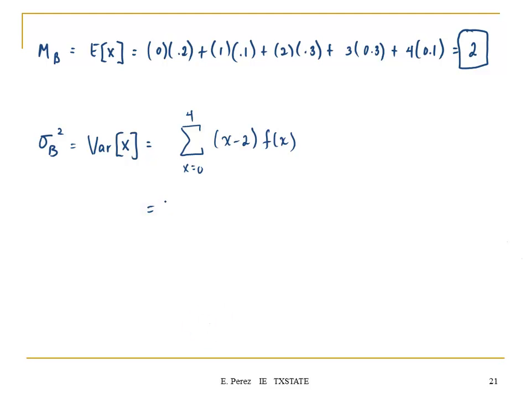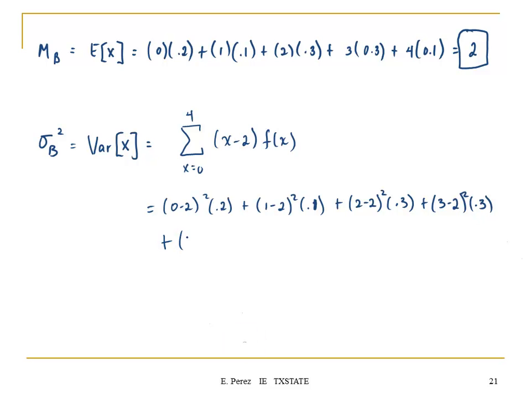So this will be equal to 0 minus 2 squared times 0.2 plus 1 minus 2 squared times 0.1 plus 2 minus 2 squared times 0.3 plus 3 minus 2 squared times 0.3 plus 4 minus 2 squared times 0.1.